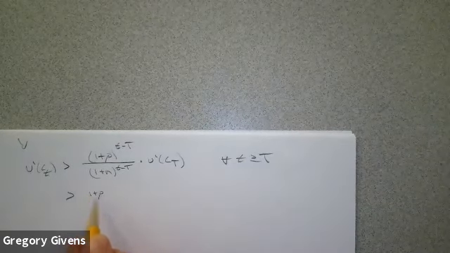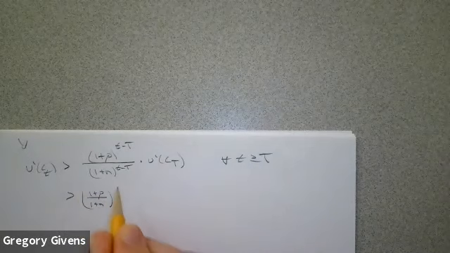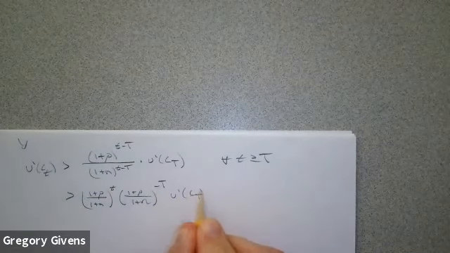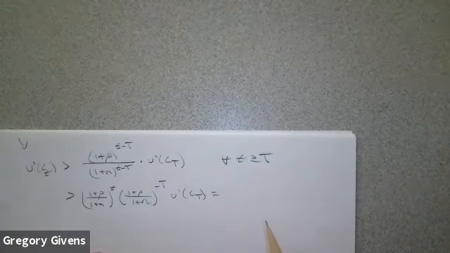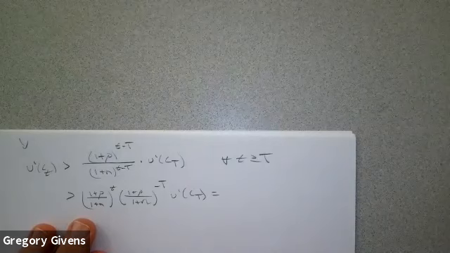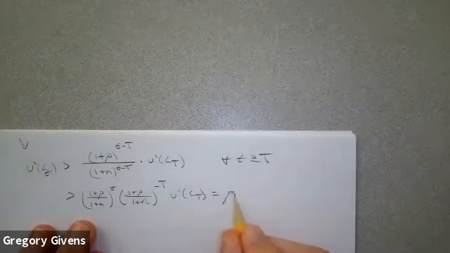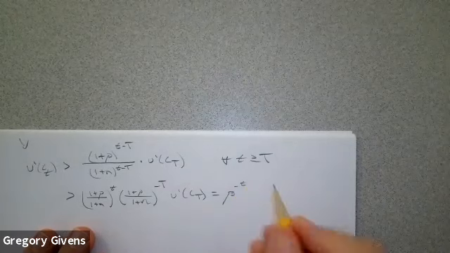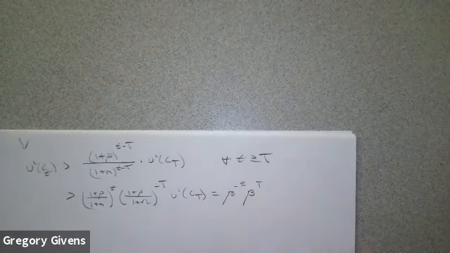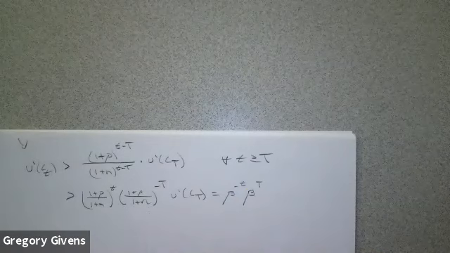This is (1 plus rho over 1 plus n) raised to the little t, times (1 plus rho over 1 plus n) raised to the negative capital T, times u prime of c at capital T. Well, what's that equal to? 1 plus rho over 1 plus n is the inverse of beta, is it not? So that's beta to the negative little t times beta to the capital T, because beta is 1 plus n divided by 1 plus rho.